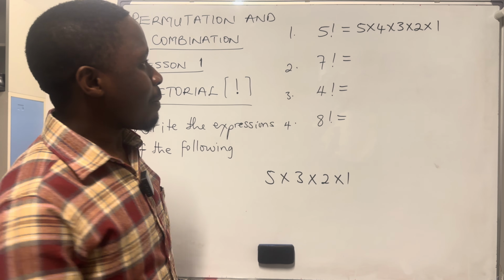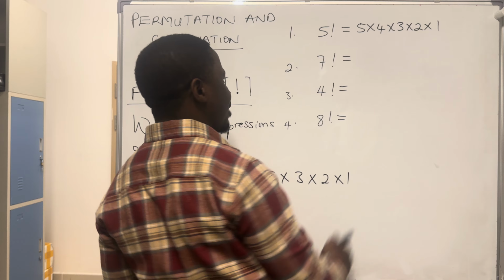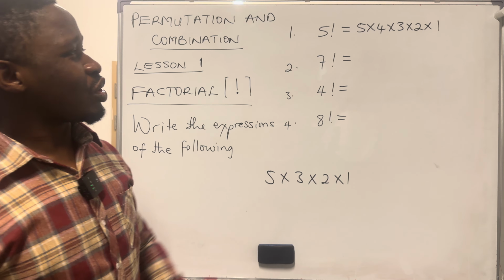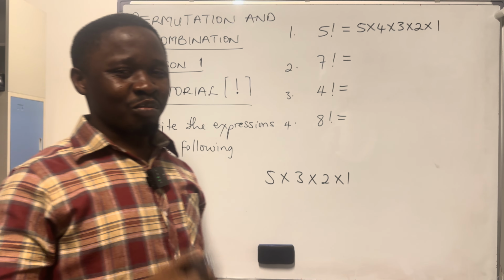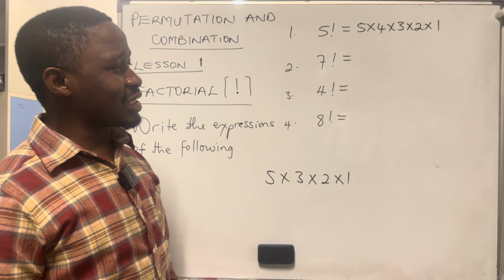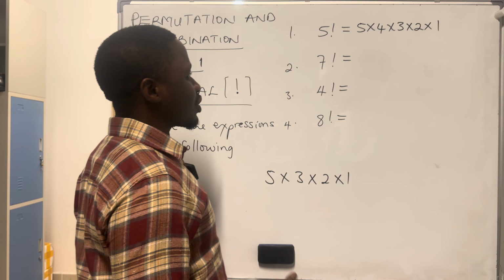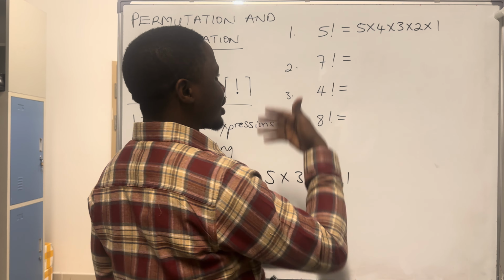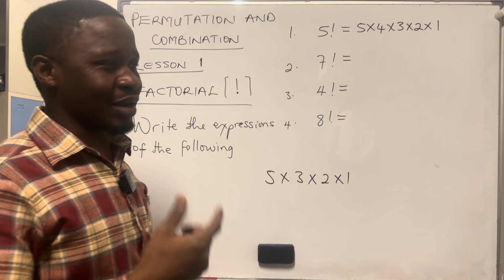So 5 times 4 is 20, 20 times 3 is 60, 60 times 2 is 120. Even if you don't indicate the 1, 120 times 1 is the same as 120. So, in a nutshell, 5 factorial is 5 times 4 times 3 times 2 times 1.